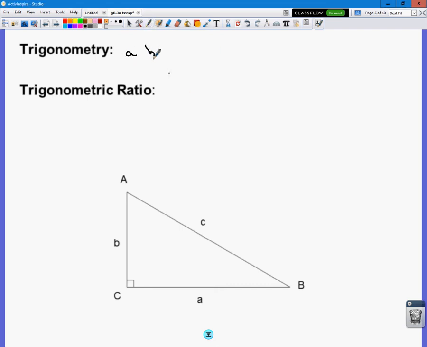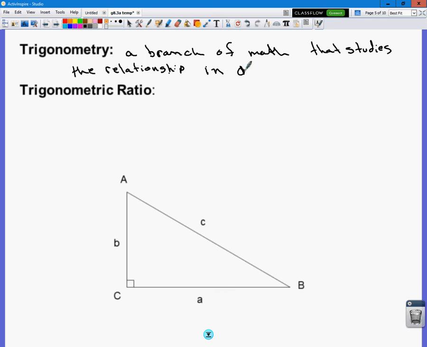It is a branch of math that studies the relationship of lengths and angle size in triangles.